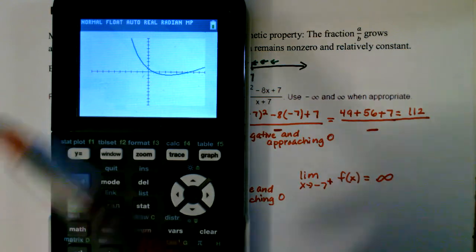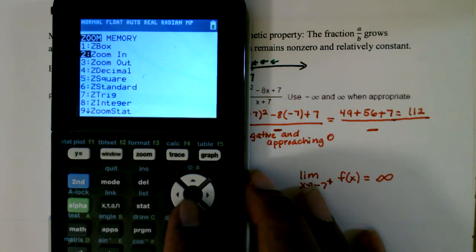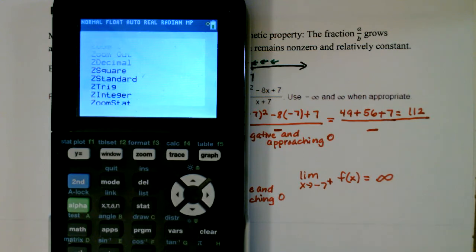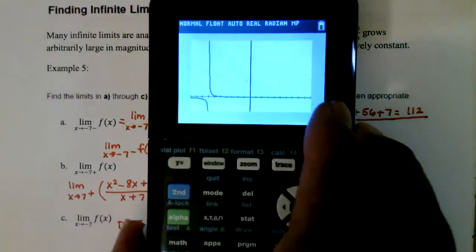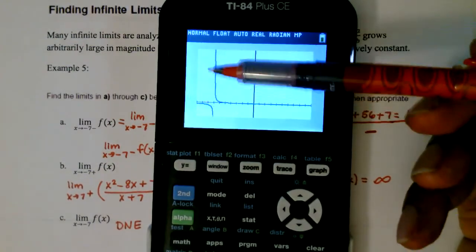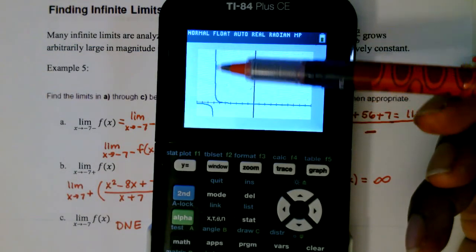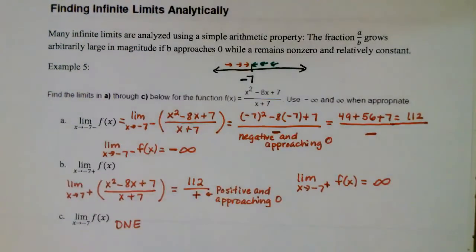Or I might do zoom fit. Let's see if that works. Because here the vertical asymptote is at -7. And as you can see, on the left of -7 it is going to -infinity, and to the right of -7 it is approaching positive infinity. Okay. So that's why in this case, the limit does not exist.